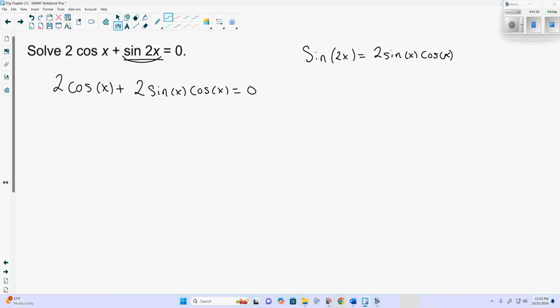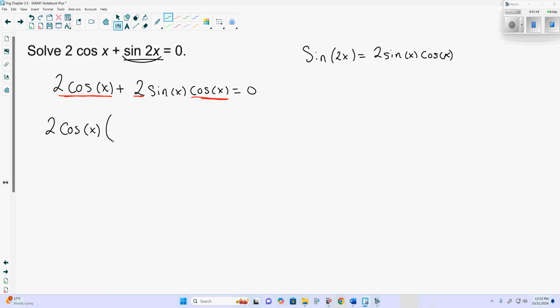Because we're trying to solve, we want to get this to either have something in common with both terms or some way to simplify down. And when we rewrite in our cosine of x, it gives us a greatest common factor between these two terms, our 2 and our cosine of x.